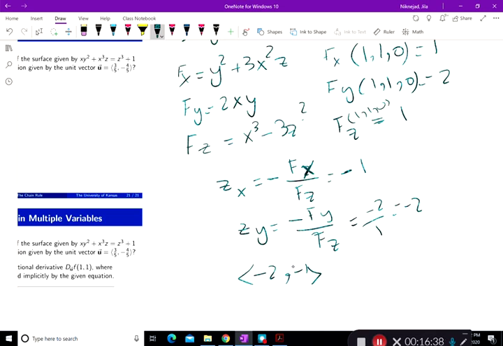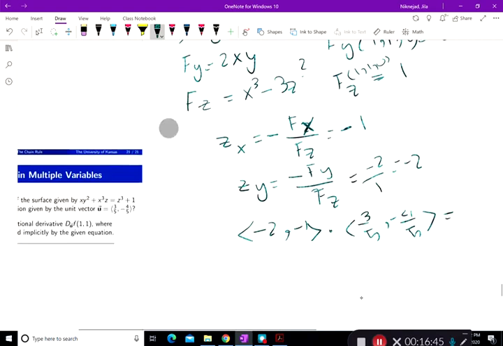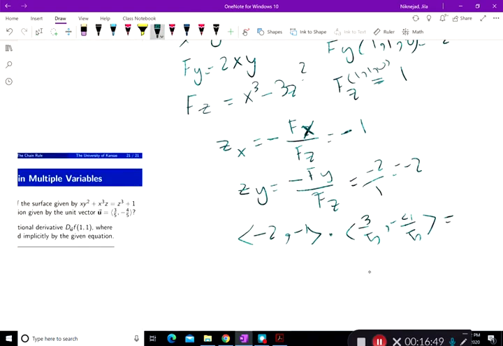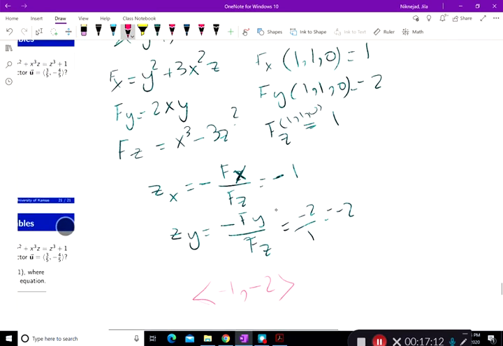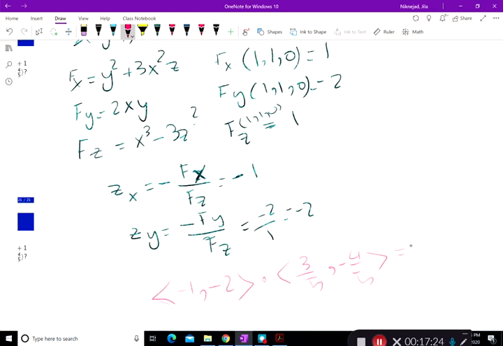And then dot product that with 3/5 and negative 4/5, the direction vector, and that gives you negative 3/5 plus 8/5, which is 5/5, equal to 1.